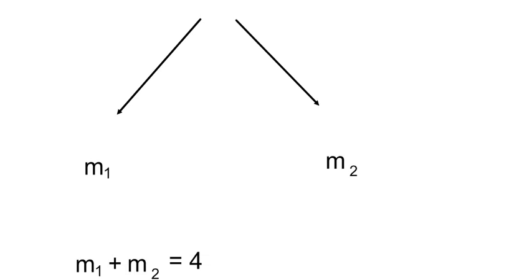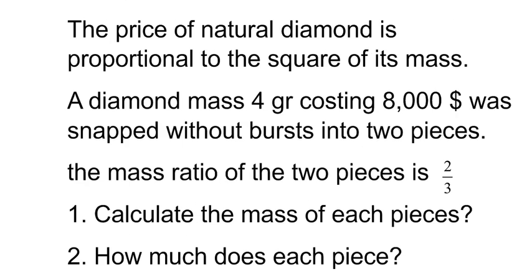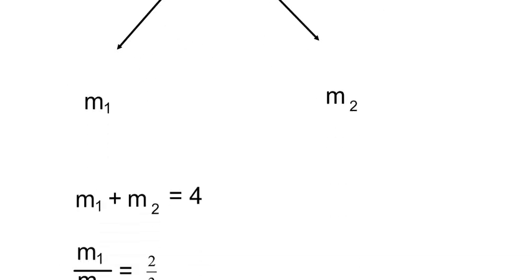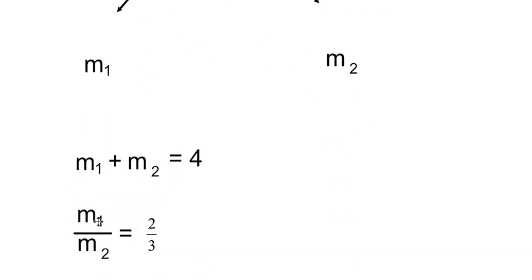We know that M1 added to M2 gives us 4 grams, and the ratio of the masses is 2/3. So we have that M1 over M2 is 2/3.